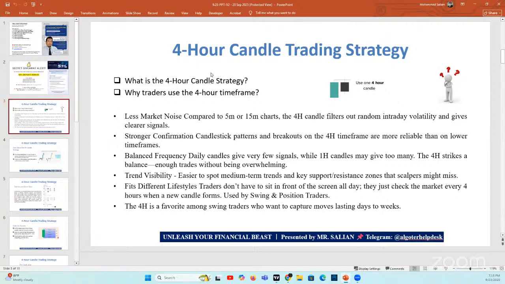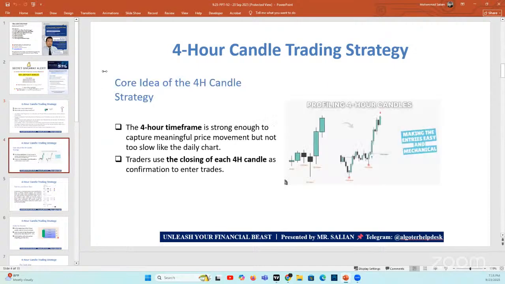Okay, so that's the 4 hour candle, my friends. Now, the core idea of the 4 hour candle: the 4 hour time frame is strong enough to capture meaningful price movement, but not too slow like the daily chart, which is true.